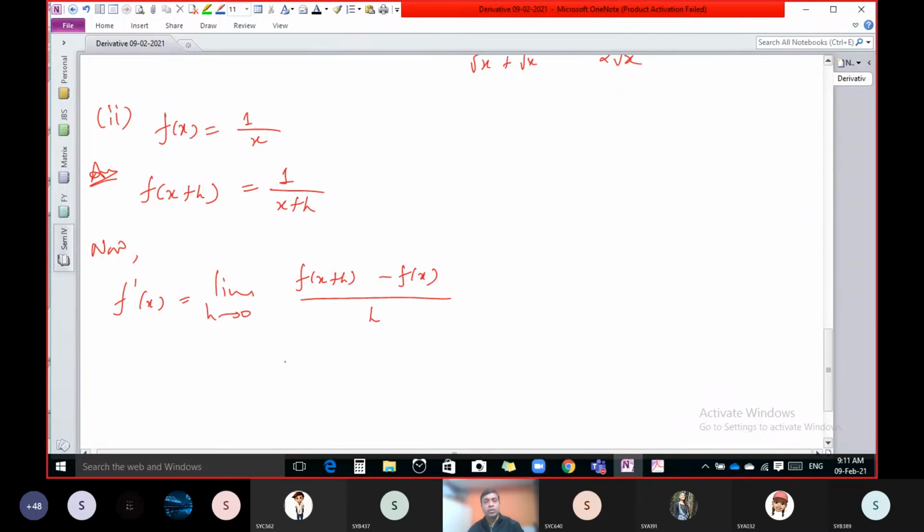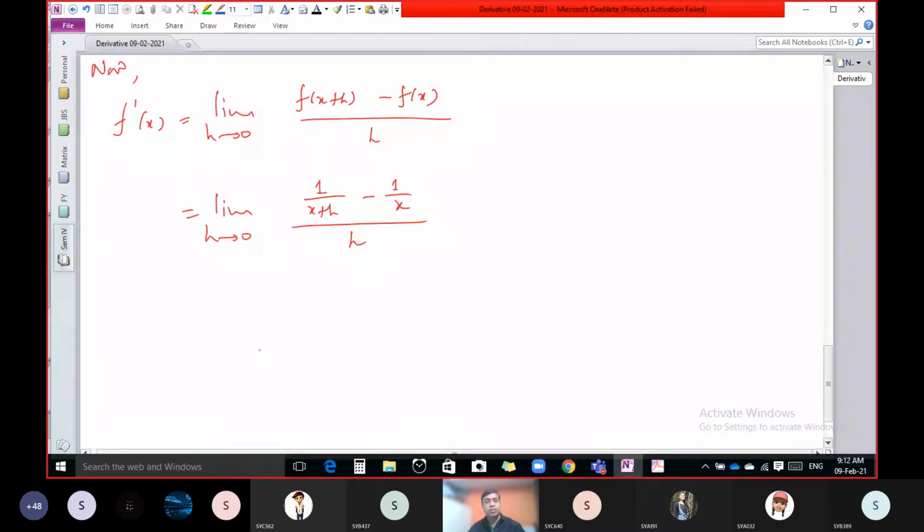Put all values. Limit h tends to 0, 1 upon x plus h minus 1 upon x, upon h. Now take LCM.